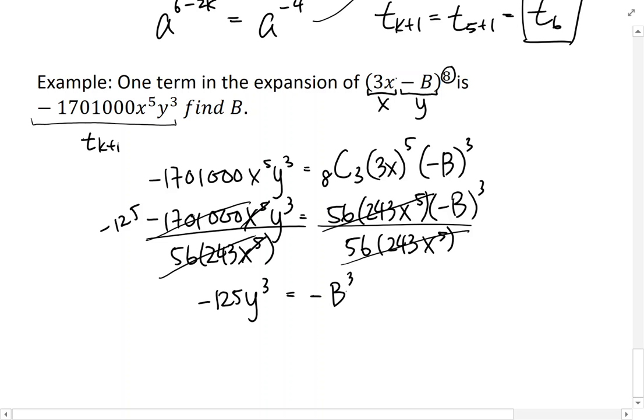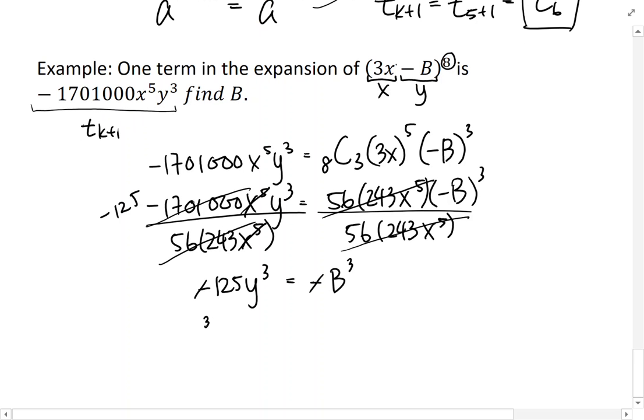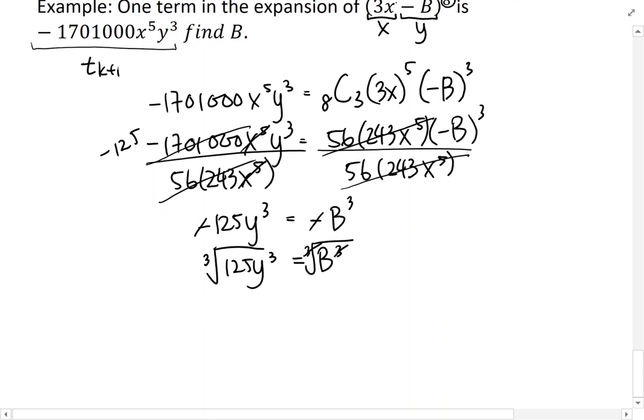The two negative signs can basically cancel out. We could divide both sides by negative 1. So now we just need to cube root the thing. Cube root of 125 y cubed equals b. The cubes are gone, and you'll be left with 5y equals b. And that's it for the binomial theorem.